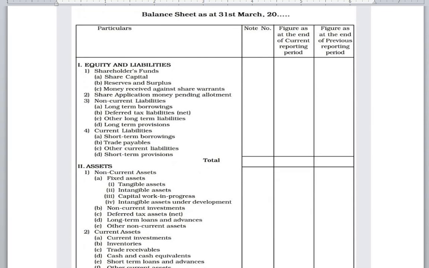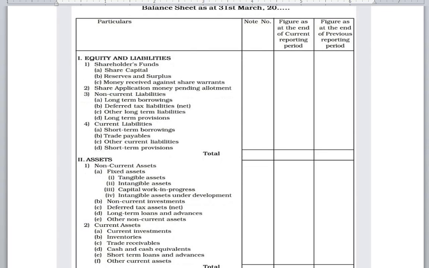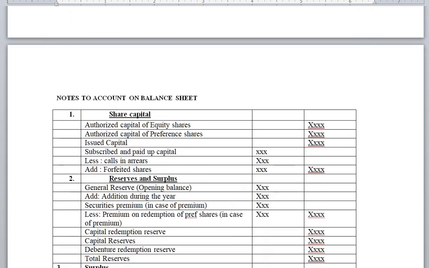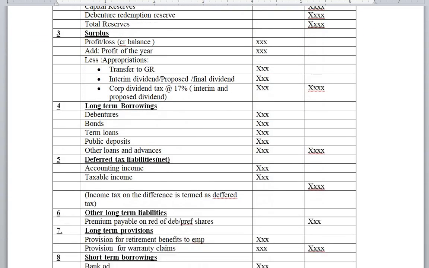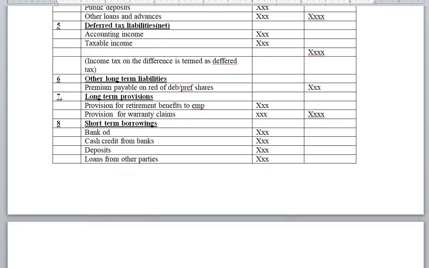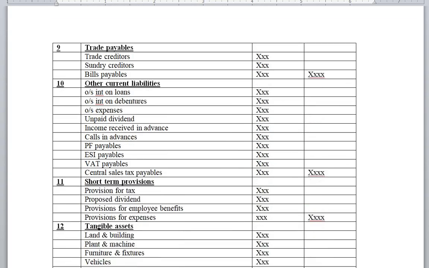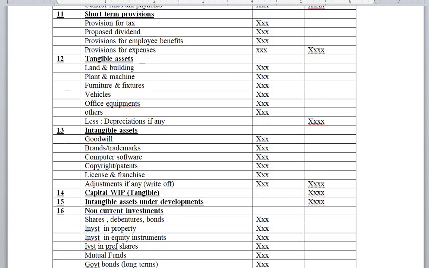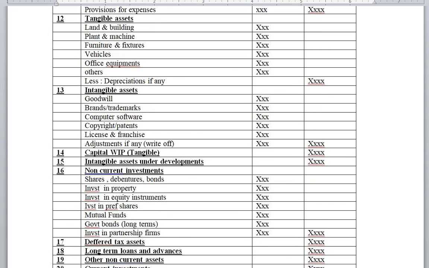non-current investment, deferred tax asset, long-term loans and advances, other non-current assets. So let us see the items or working note coming under all those items. Next item is non-current investment.